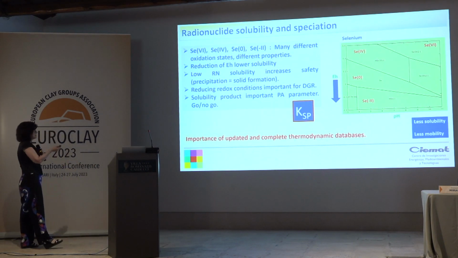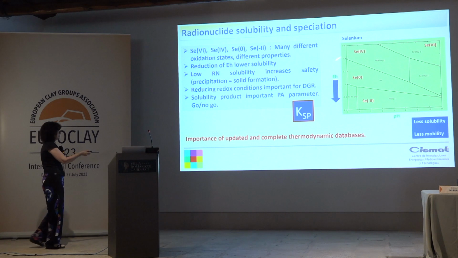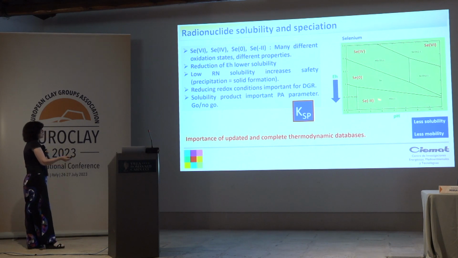If we consider, for example, the Eh-pH diagram for selenium, we can see that it can exist in different oxidation states, from selenium-6, which is the most soluble, to selenium-2, which has a very low solubility.